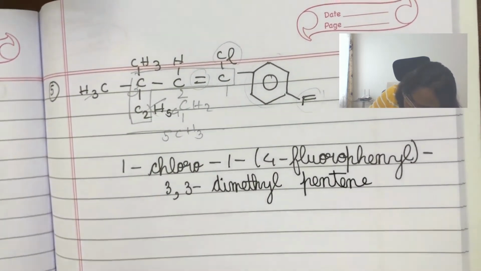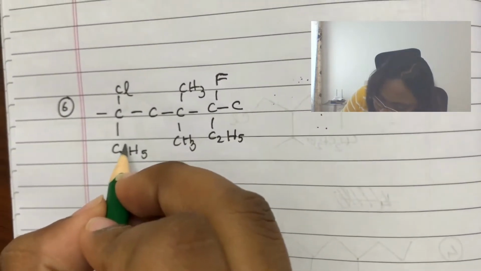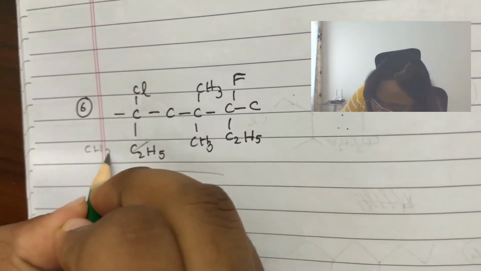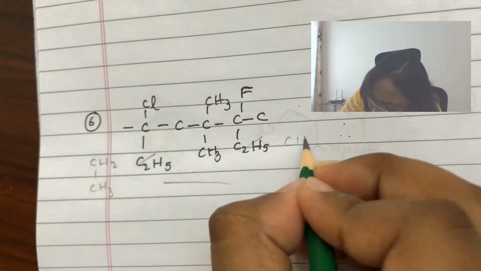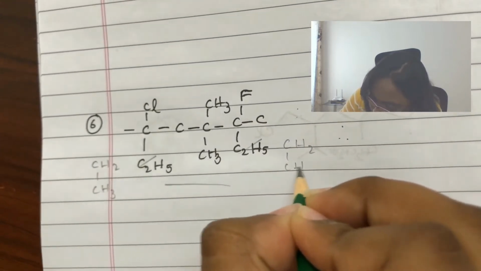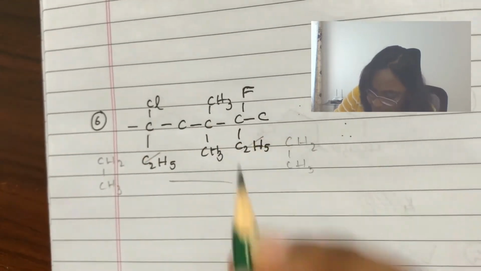The sixth task is the structure over here. Now I can expand this as CH2, CH3 and expand this as CH2, CH3 as well. Both of these are obviously connected to these carbons.